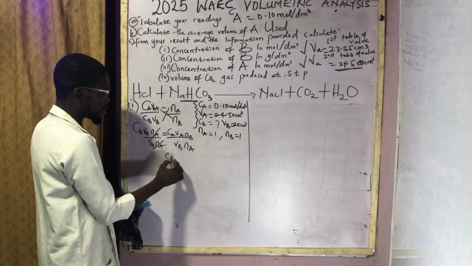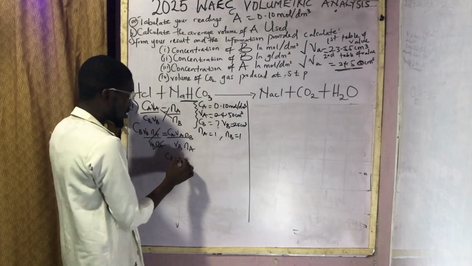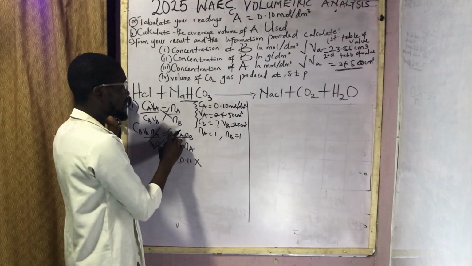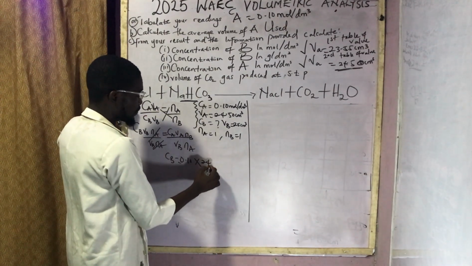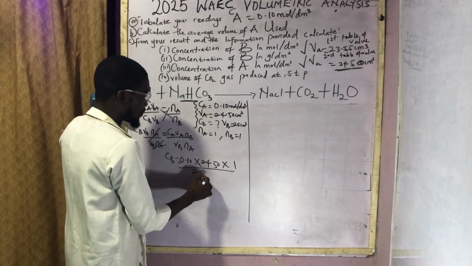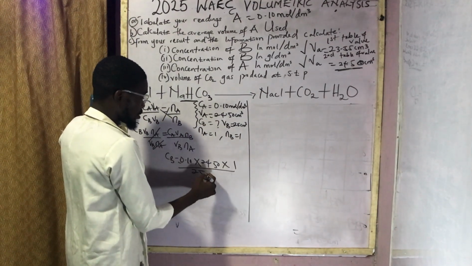So our Cb equals Ca, which is 0.10, multiplied by Va, 24.50, multiplied by 1, divided by 25 multiplied by 1.